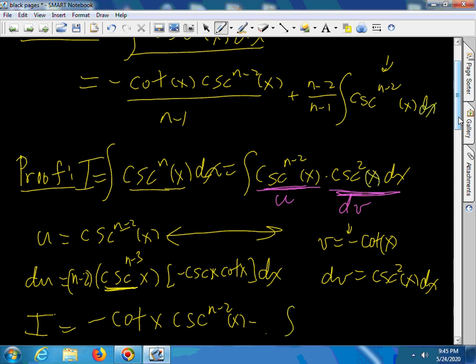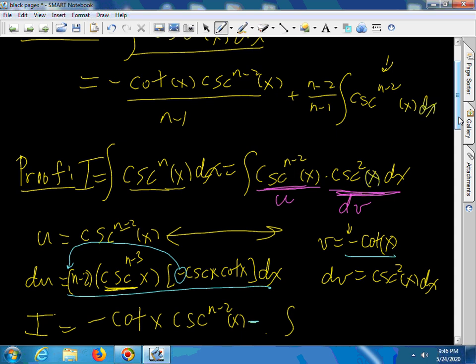Now, this minus sign right here comes way in front. That is, this is negative, and that's also negative, so it becomes positive. That is, I can leave this sign just like it is.